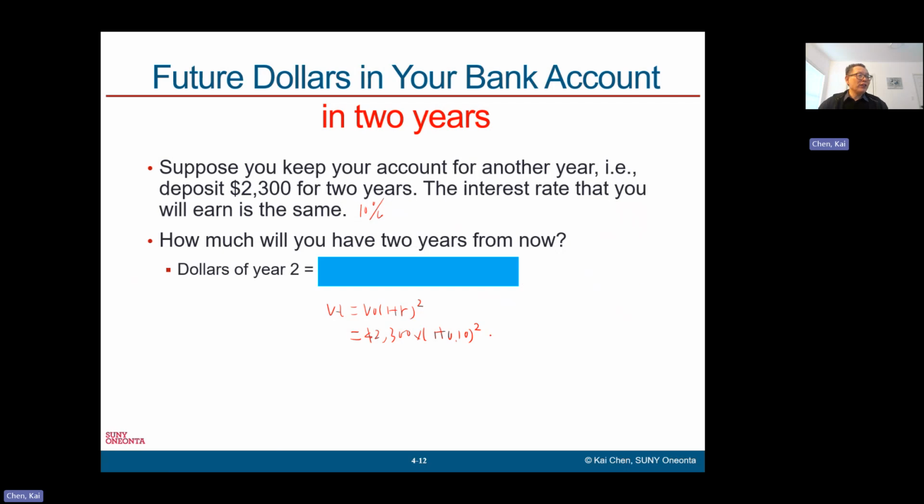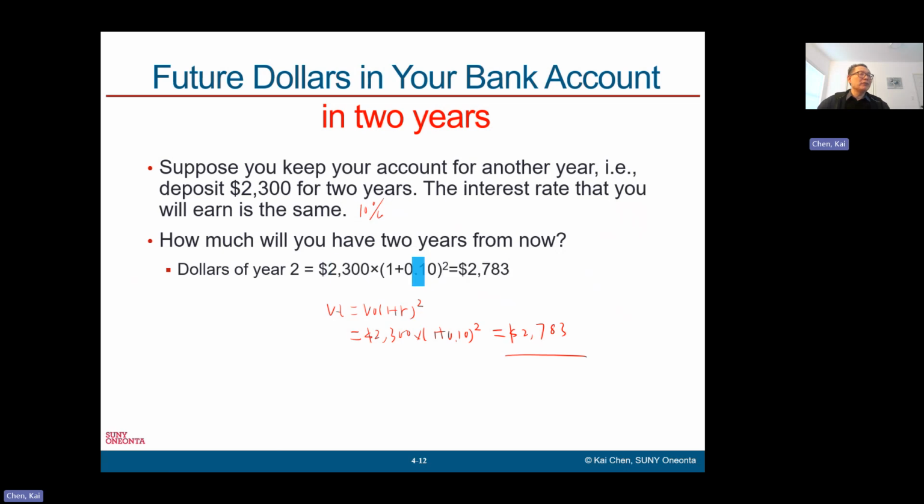Do the calculation by running your calculator, then you can find at the end of the second year, your bank account will have $2,783. Then in this case, what is the future value of $2,300 today, 2 years from now? That is $2,783.